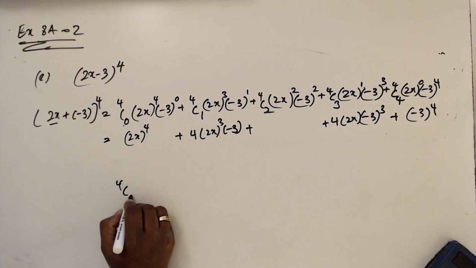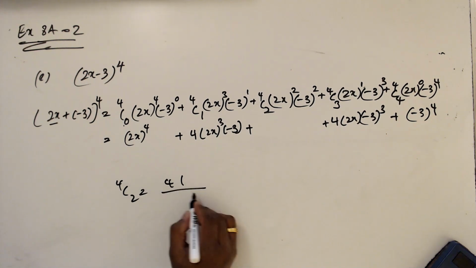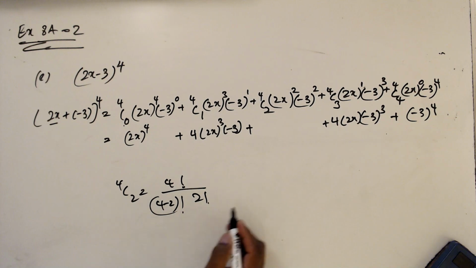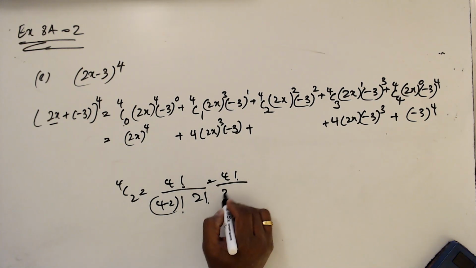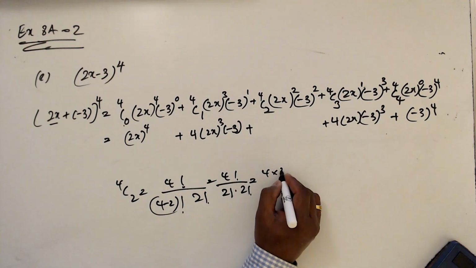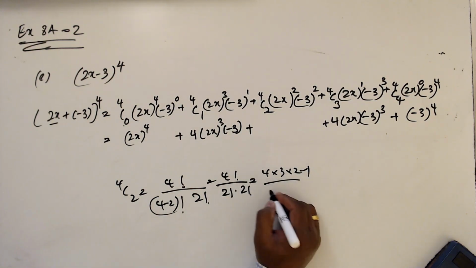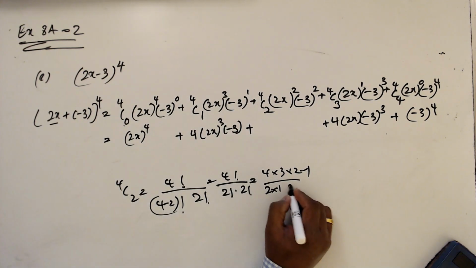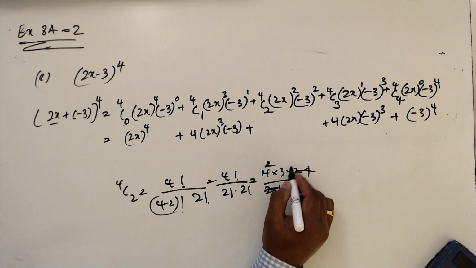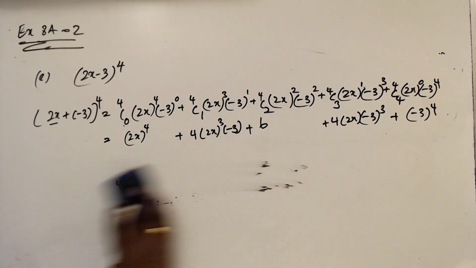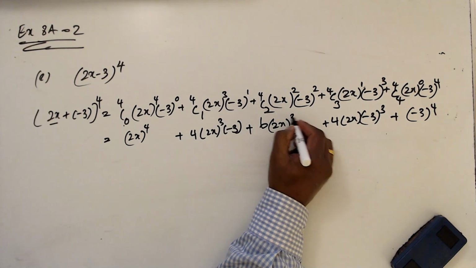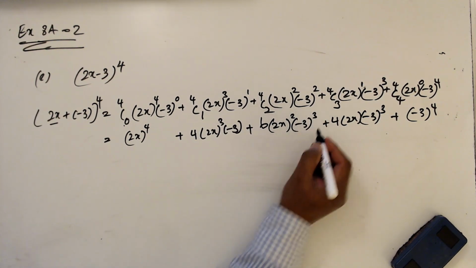Or we can work it out again. Factorial 4 over factorial 2 times factorial 4 minus 2, which is factorial 2. That means 4 times 3 times 2 times 1 over 2 times 1 times 2 times 1, this is going to be 6. 6 times 2x squared times minus 3 squared.